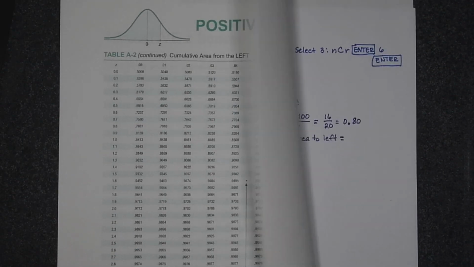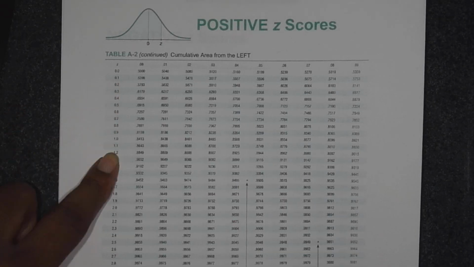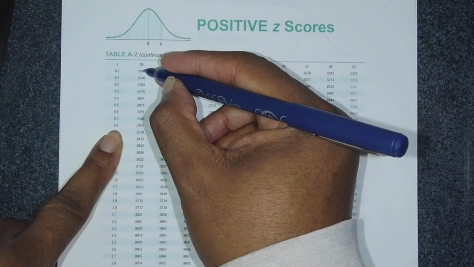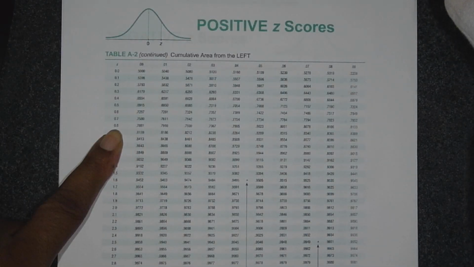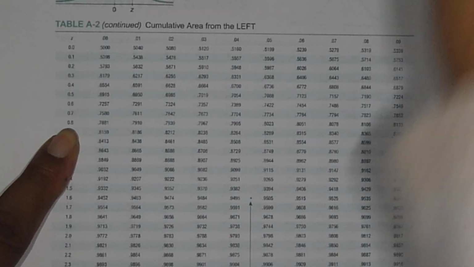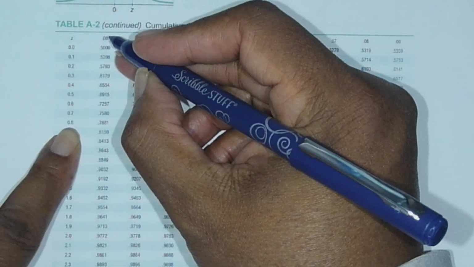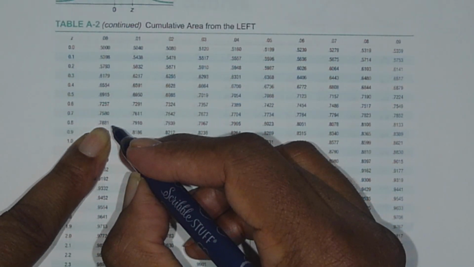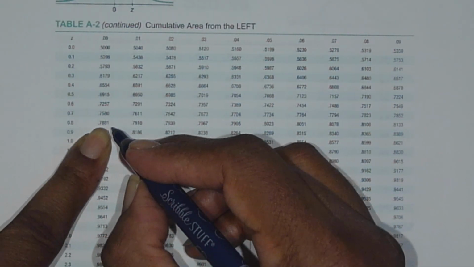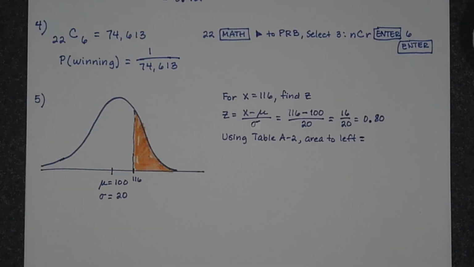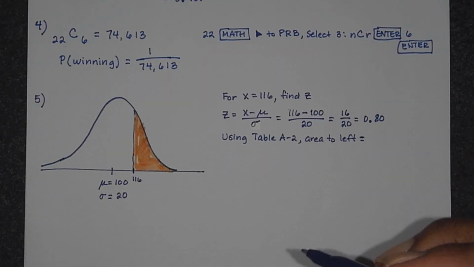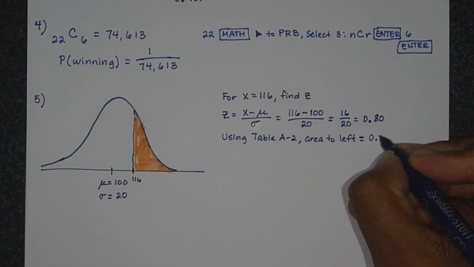We're going to find 0.8, which is right here to the left, and then 0.00 is here. And if I read across and down, that decimal value will be 0.7881. So that means here, the area to the left will be 0.7881.